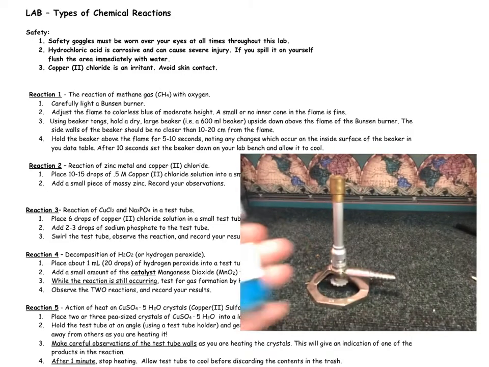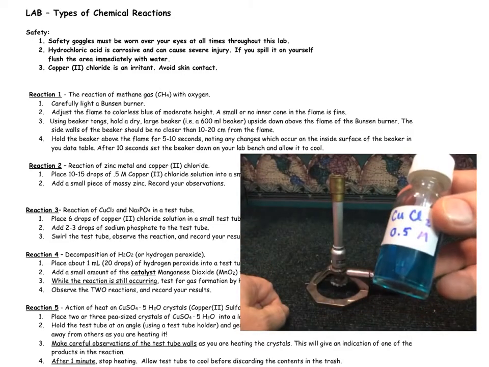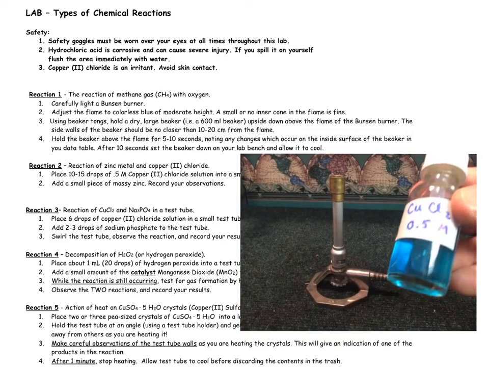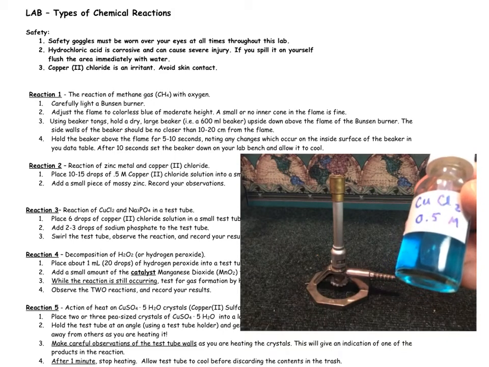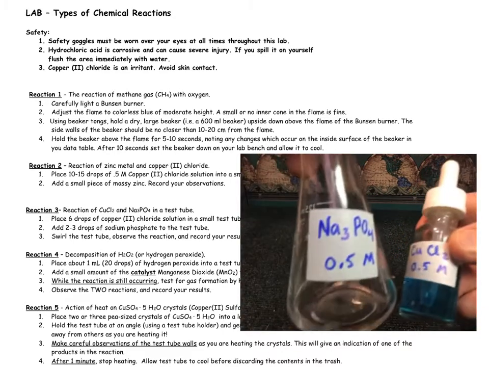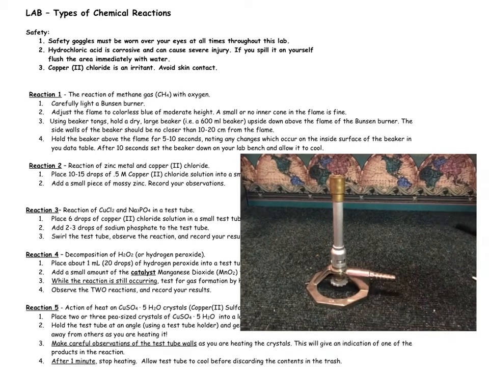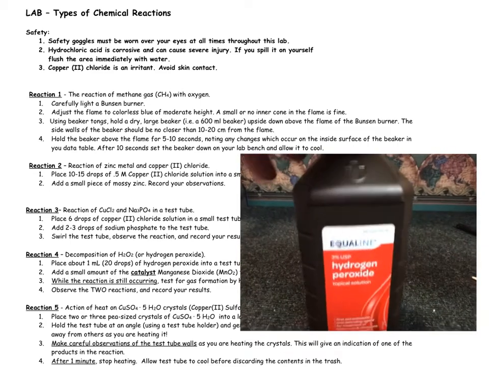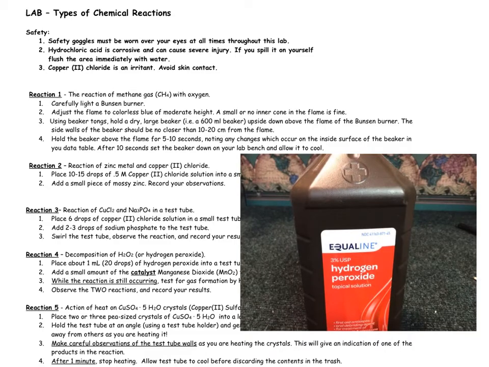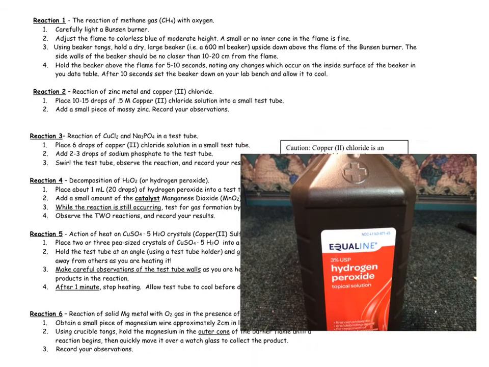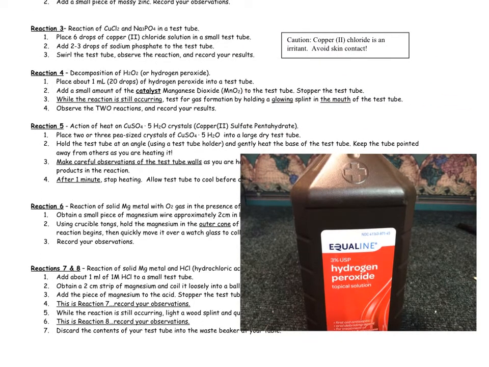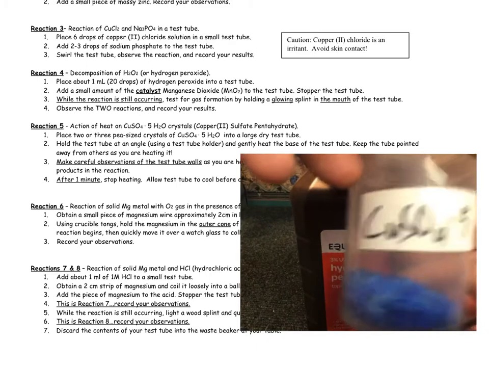Reaction number 3 is a reaction between copper 2 chloride solution and sodium phosphate, which is also going to be in a solution. Number 4 is the decomposition of H2O2, which is hydrogen peroxide. And reaction number 5 is the action of heat on copper sulfate pentahydrate, which looks like this.